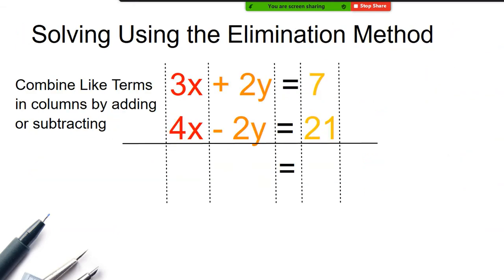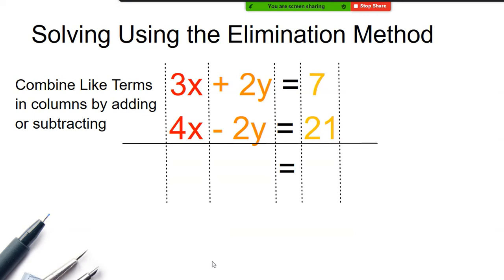So now that they are lined up, I am going to go ahead and combine like terms in columns by adding or subtracting. So what you need to do is draw this line underneath, okay, to show that we are going to add or subtract. And we're going to go down vertically.